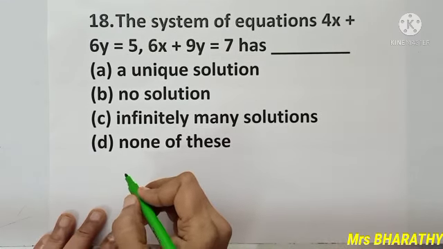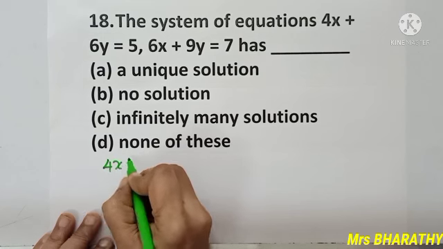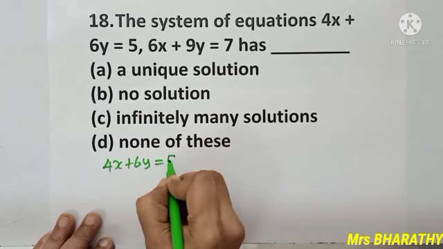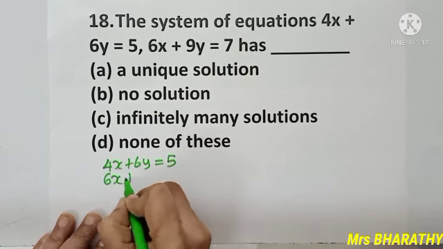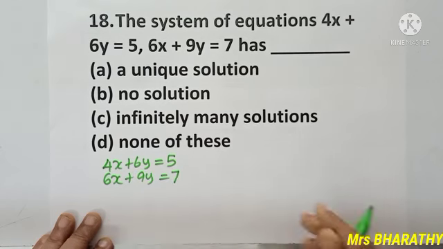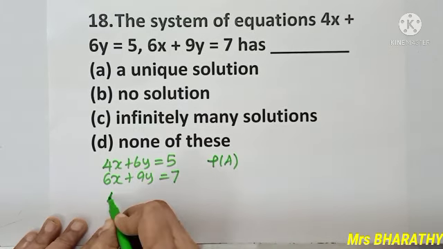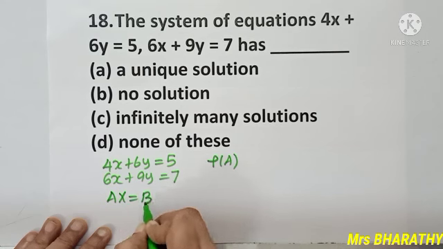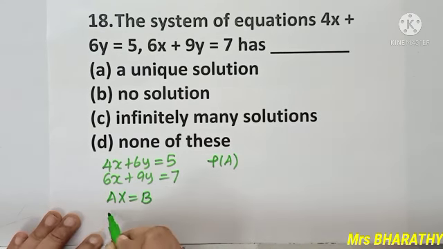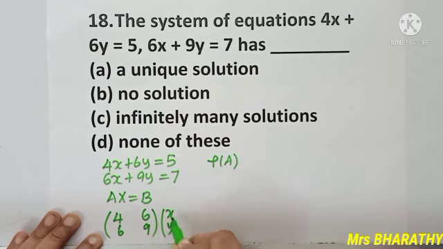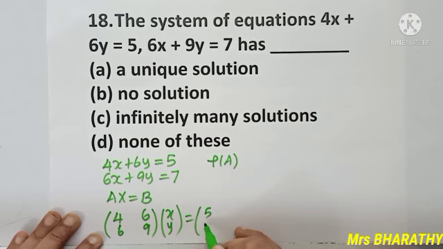Question number 18. The system of equations 4x plus 6y equals 5, 6x plus 9y equals 7. If I write it in AX equal to B form, it will be 4, 6, 6, 9 into x, y equals 5, 7.